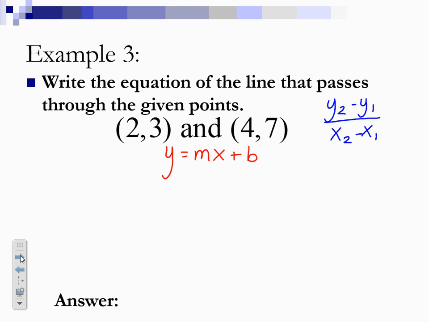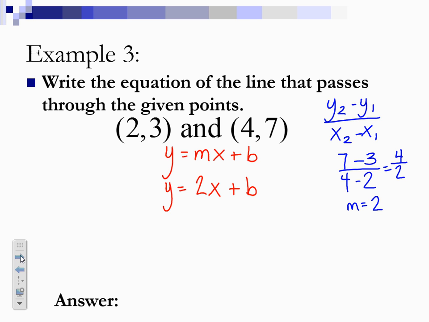So y from the second point is 7, minus y from the first point, 3, over x from the second point, 4, minus x from the first point, 2. 7 minus 3 is 4, 4 minus 2 is 2, 4 divided by 2 looks like my m, or my slope, is 2. So I'm going to use that now and plug that in to my y equals mx plus b. Y equals 2x plus b.